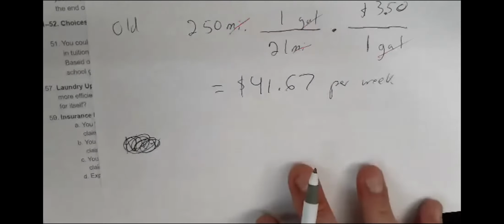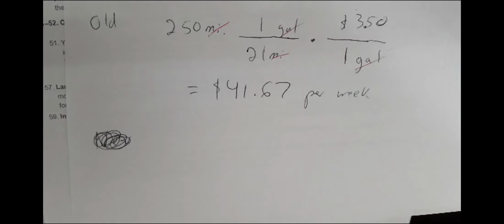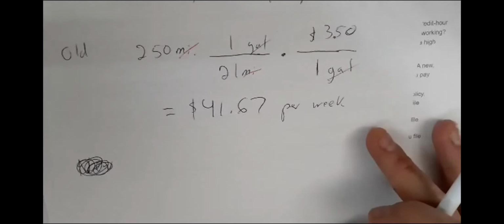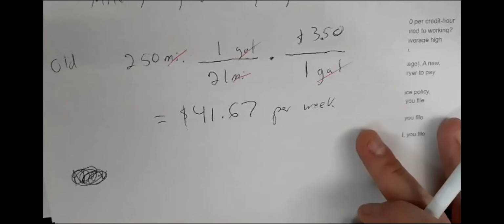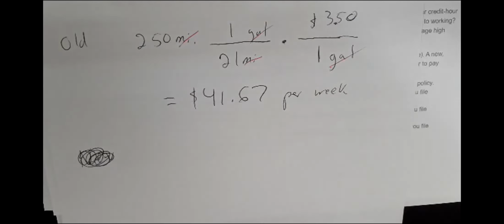They wanted us to compare this over a 5-year period. So if this is per week, how do I go from per week to year?